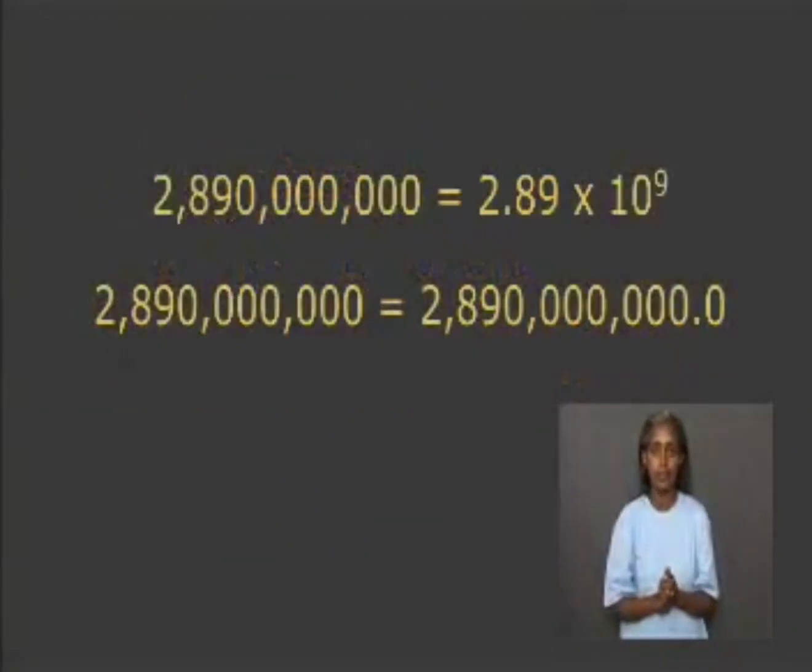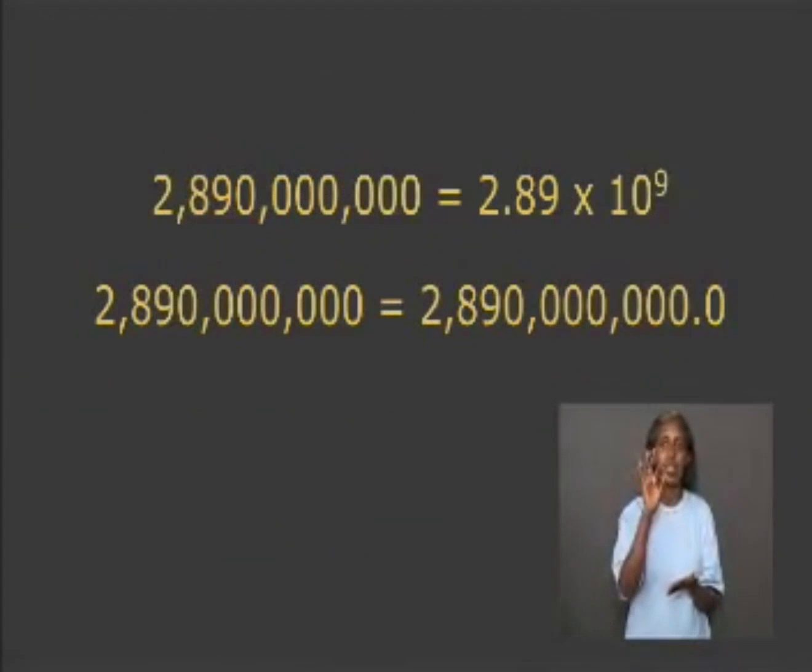In scientific notation, 2,890,000,000 becomes 2.89 times 10 to the power of 9.